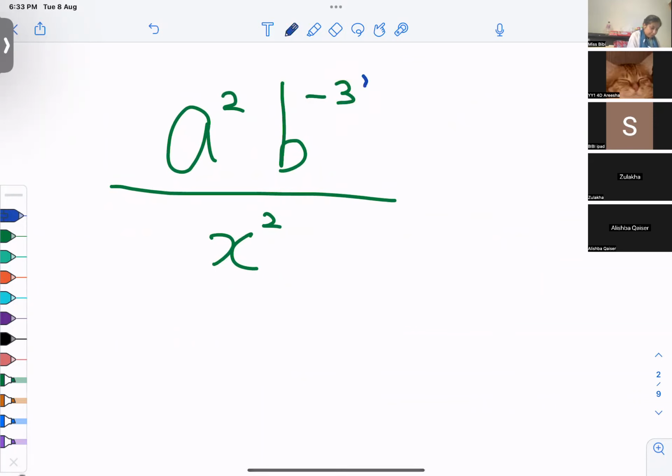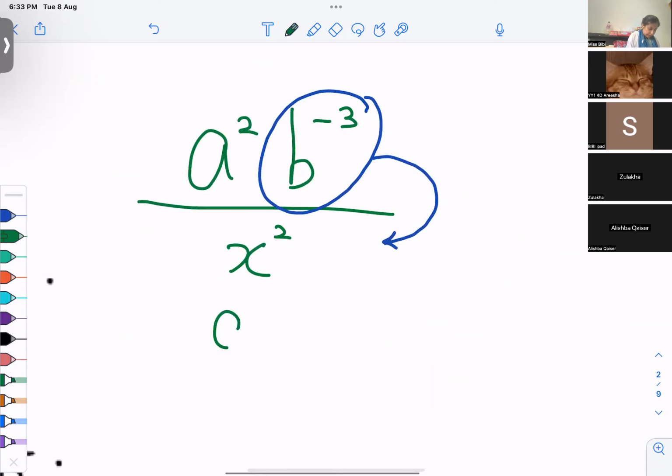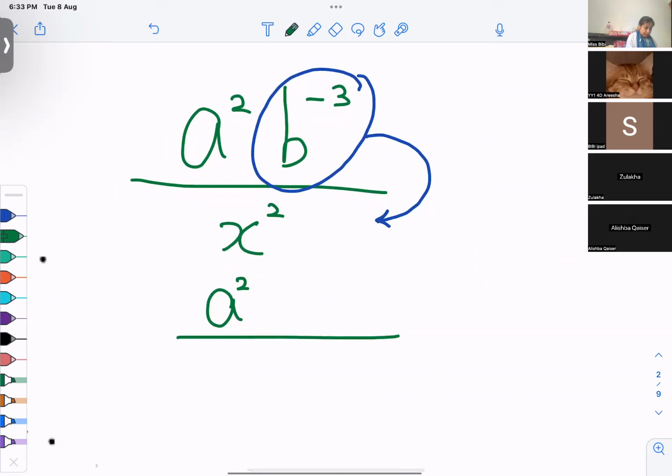So what we have to do is change its position. You will have to move it down so that the power is not negative. So A is positive already, so no change. And then X is already positive, also no change. But B is having a negative number, so from up, I will have to move it down. So it will come to BQ.